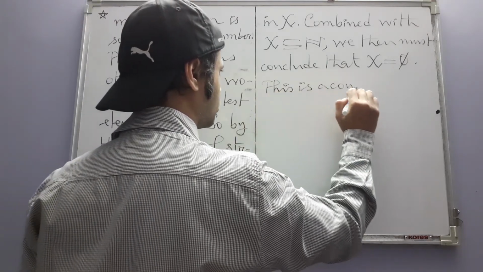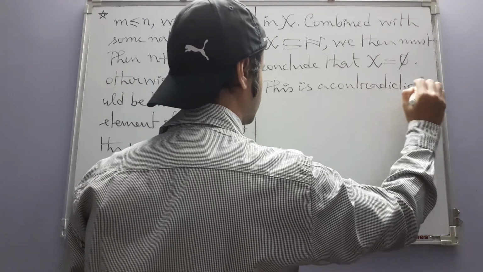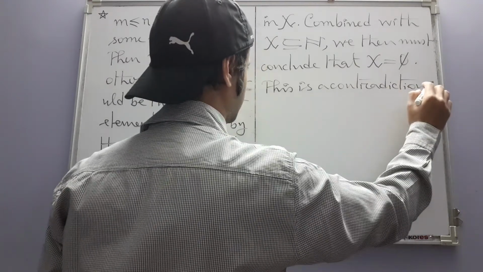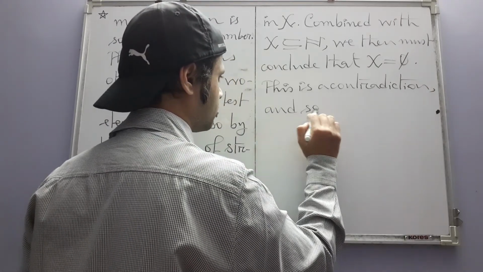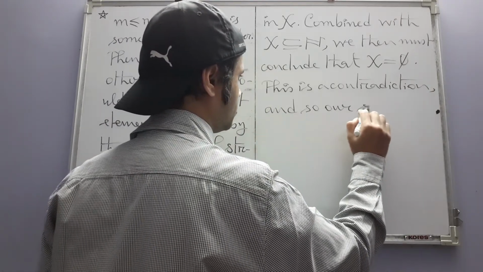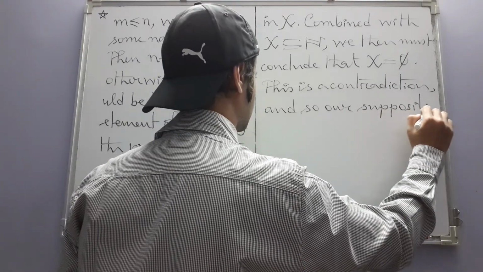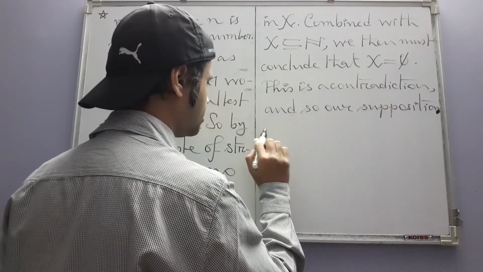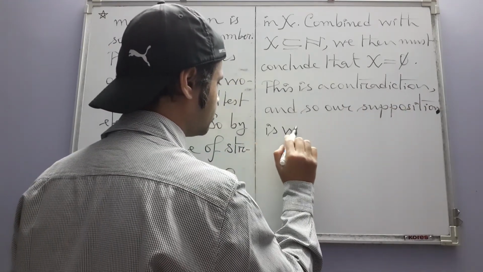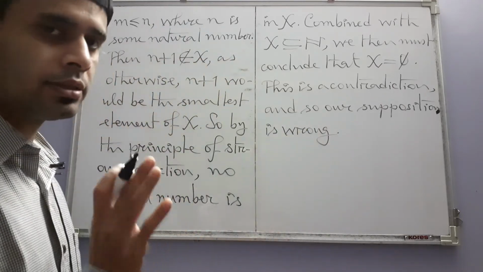This is a contradiction to the hypothesis that X is non-empty, and so our supposition, meaning the original initial supposition, is wrong. If you want, you can write, so our initial supposition is wrong, that is, X has a smallest element.